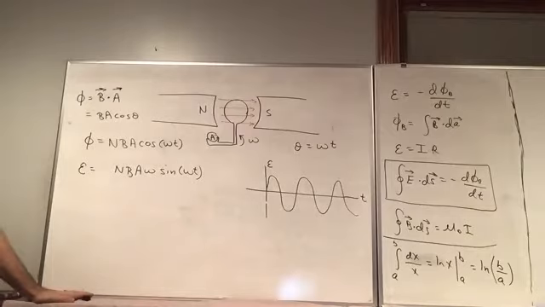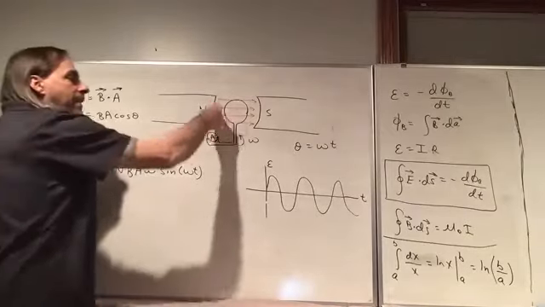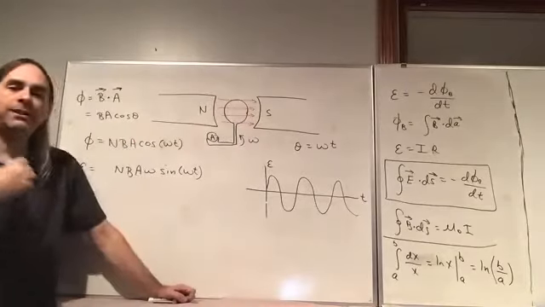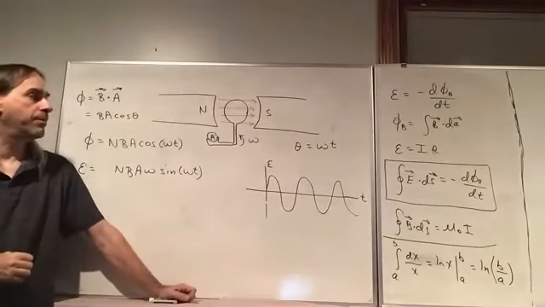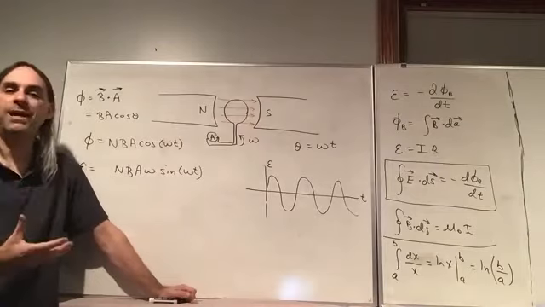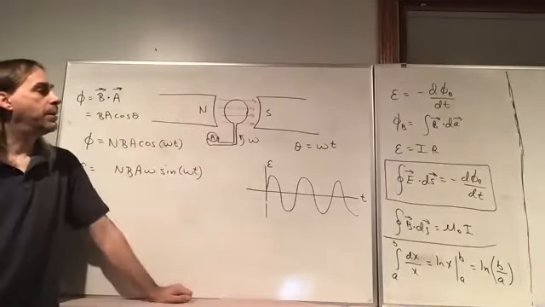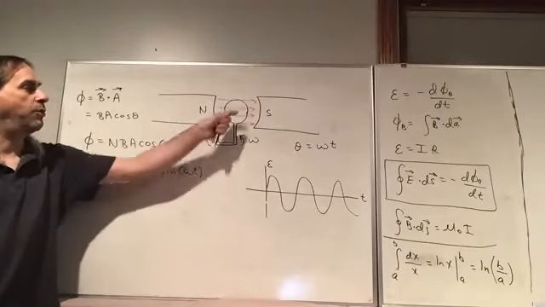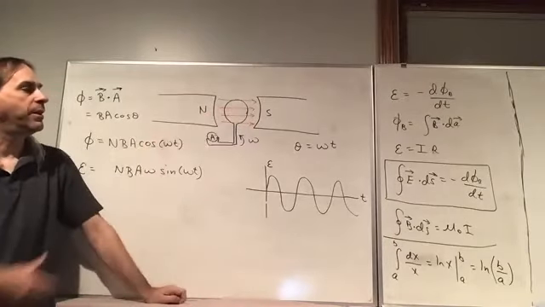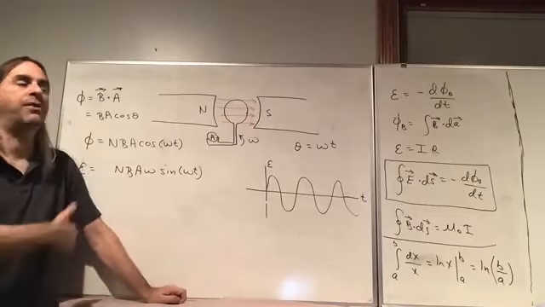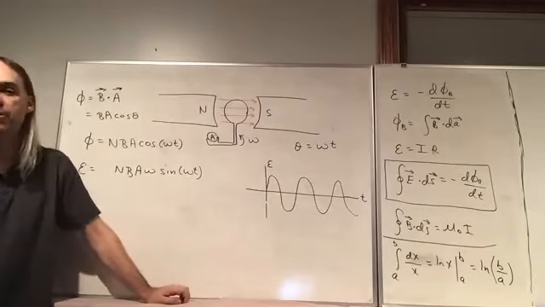And the reason why is the flux is changing in this loop. And so that's going to create a current in the loop. And remember, currents create magnetic fields. There's going to be a torque on this loop due to the interaction of the magnetic field it created with this external magnetic field.